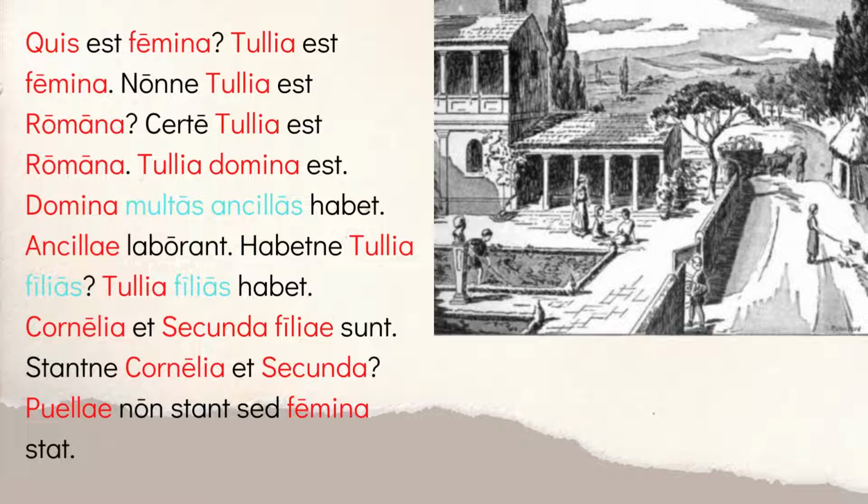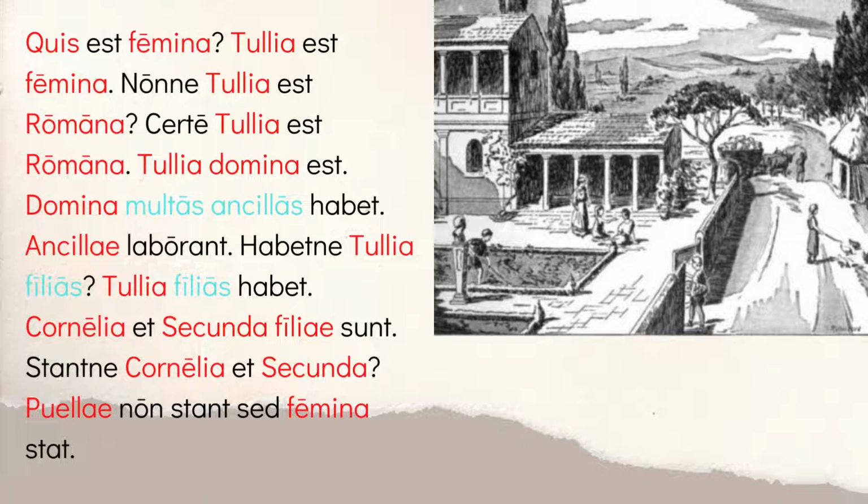So if they all have the name Cornelia, it can get a little tricky. So sometimes you'd give this nickname of Secunda, meaning the second Cornelia, right? When it comes to daughters, it's a little mean, basically numbering your children. But the idea here is a cultural thing where you're trying to get at the idea of passing on your family name. So that's why you're seeing the name Secunda here, which literally means second. So the daughters of Tullia are Cornelia and Secunda.